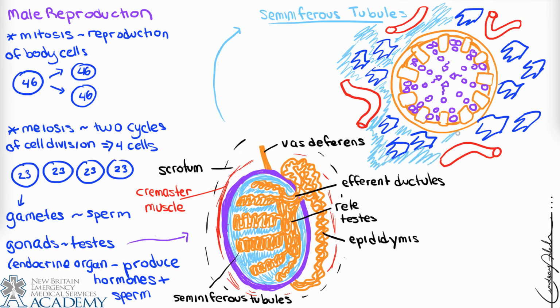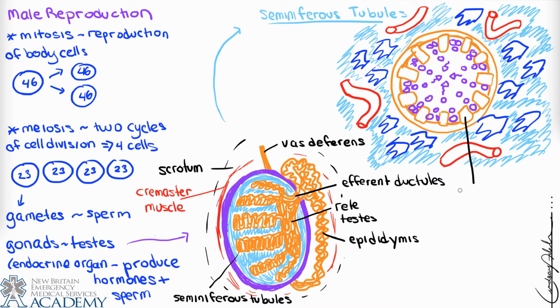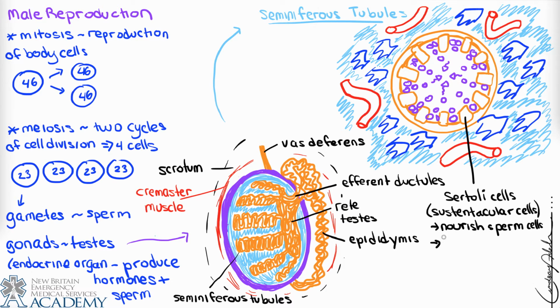Now let's take a look at the seminiferous tubules. If we were to cut a slice down the middle, what we can see is some Sertoli cells, which are also called sustentacular cells, that essentially make a ring to form the exterior of the tube. Basically, these are a form of epithelial cells, and their job is to nourish the developing sperm cells.